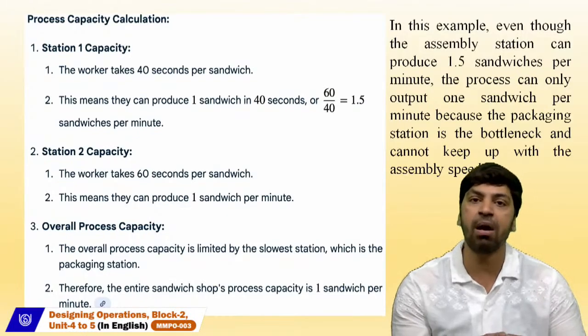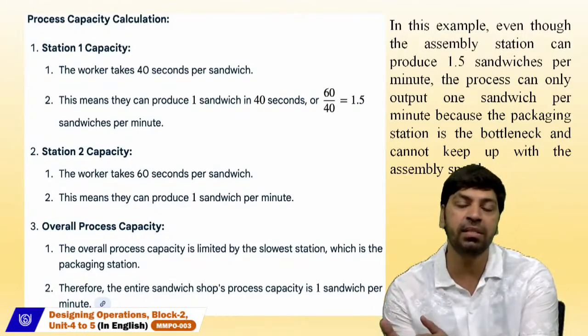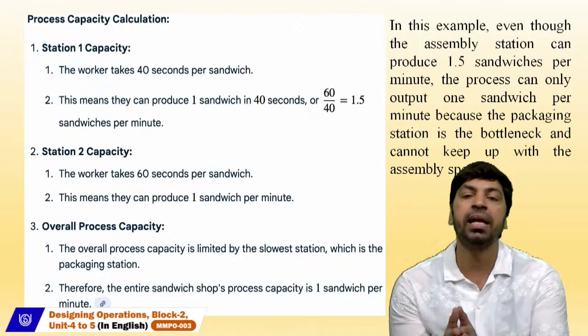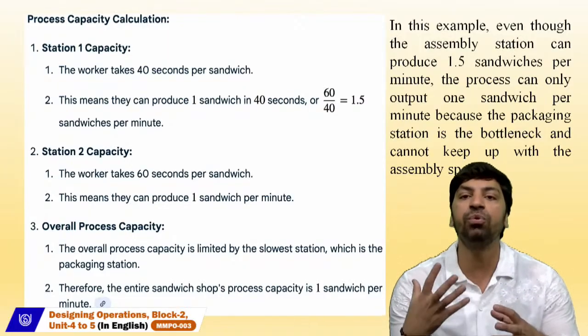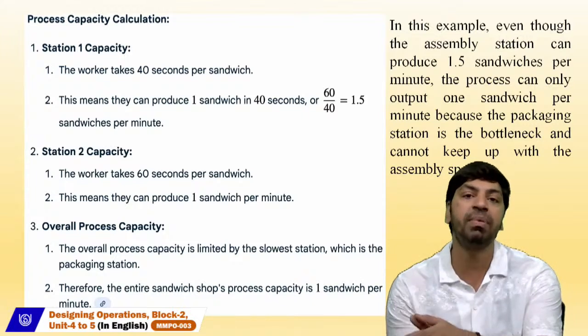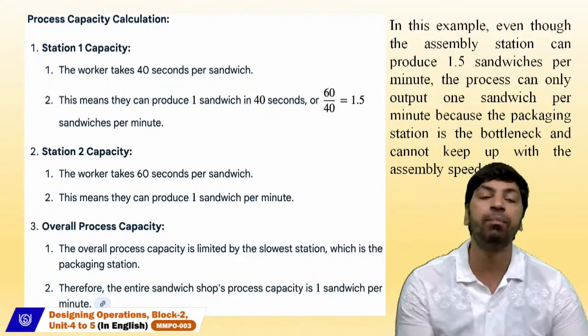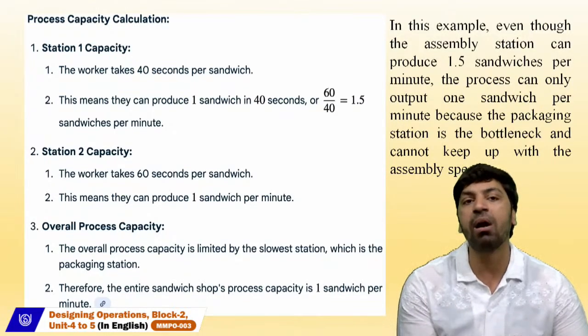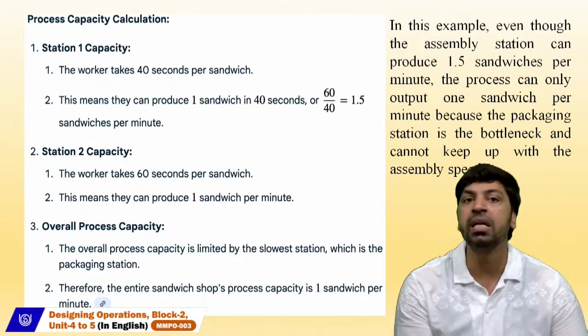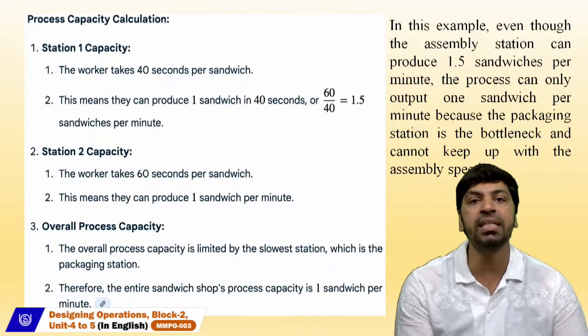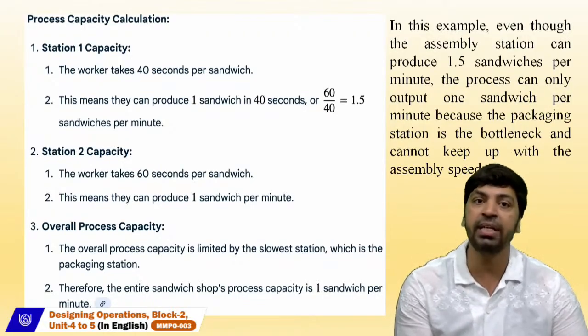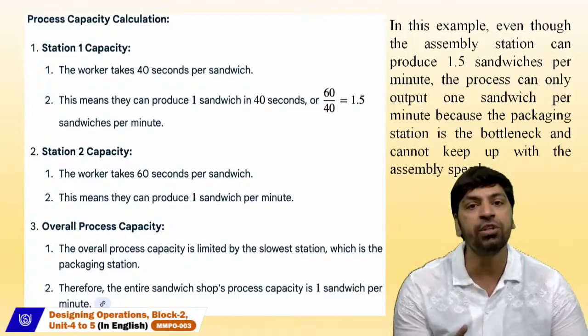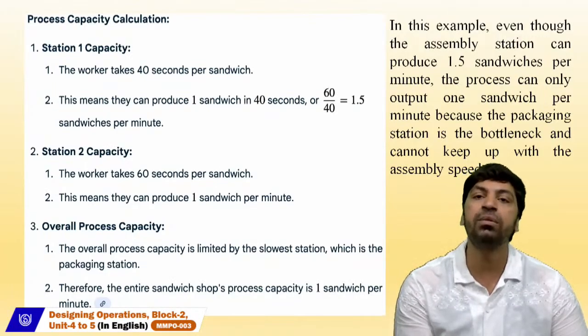On a per-minute basis, they could produce 1.5 sandwiches per minute. But for station 2, the worker takes 60 seconds per sandwich. It means they can produce one sandwich per minute.